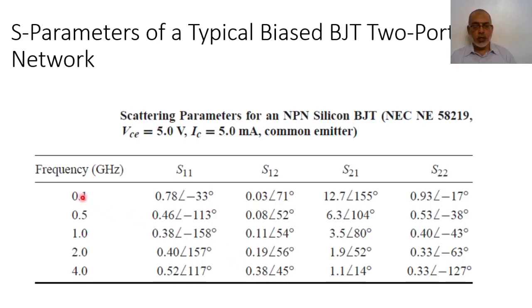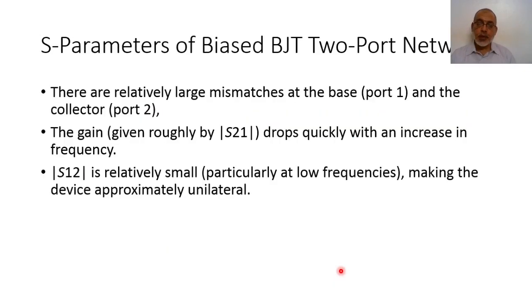And it should be noted here the rate of decay, starting from 0.1 gigahertz to 4 gigahertz: we have decreased from 12 to nearly unity. So we say that there is a relatively large mismatch at the base, which is port 1, and the collector, port 2.